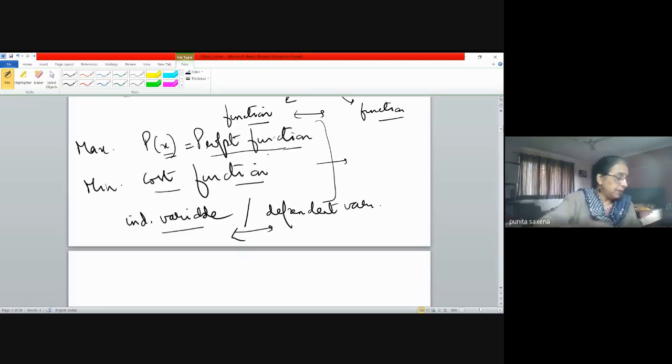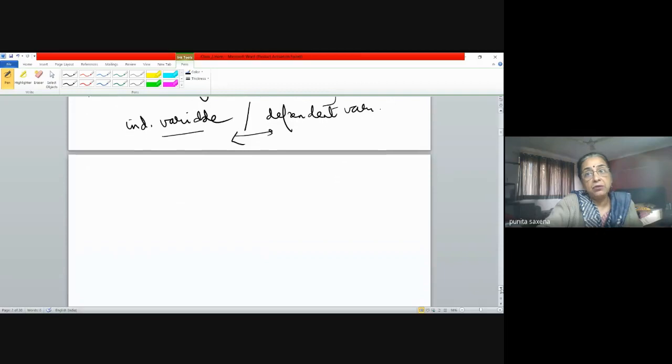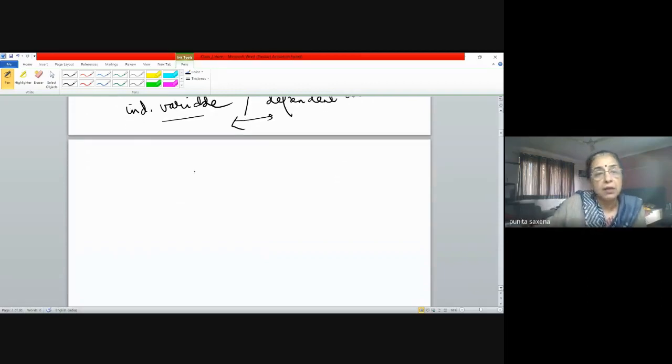For example, the kind of applications that we have are in terms of populations. The population could be humans, some bacteria, or some virus also. So the thing that you have to understand is, supposing my P(x) is the population function.